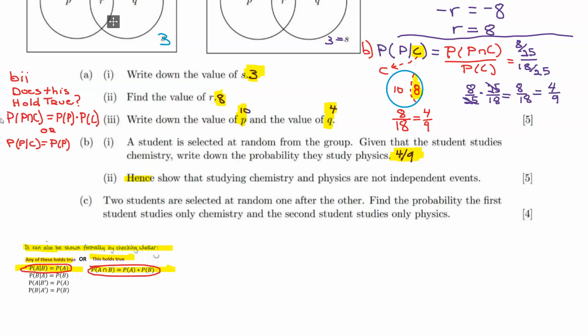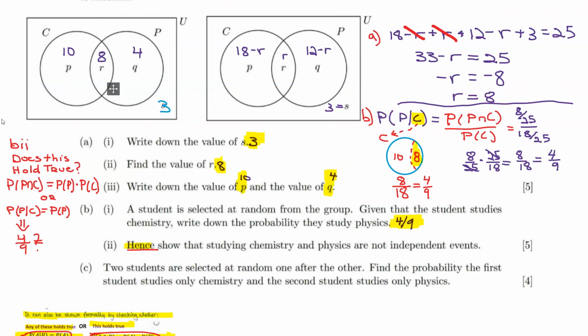Since this said hence, I would guess that we're going to use the conditional method because that's what we calculated right here in part 1. So I want to know if I take that out and I put in 4/9, does that hold true? Is that the same as the probability of physics?